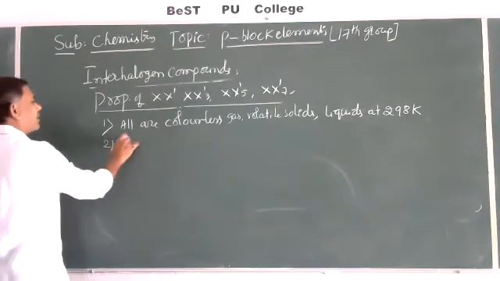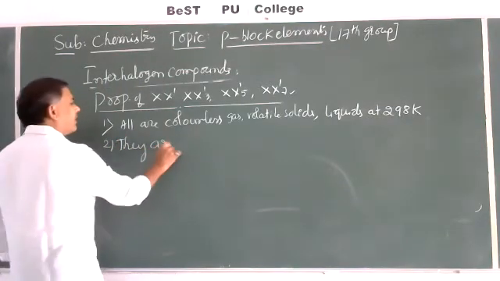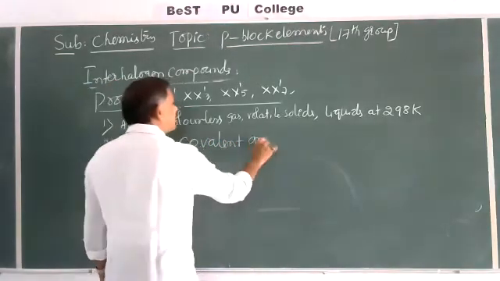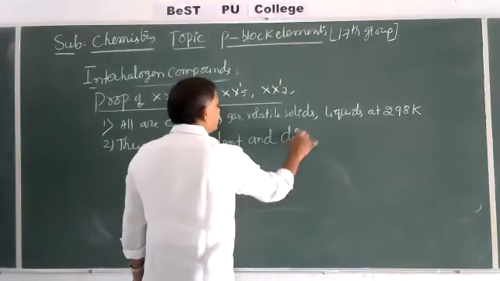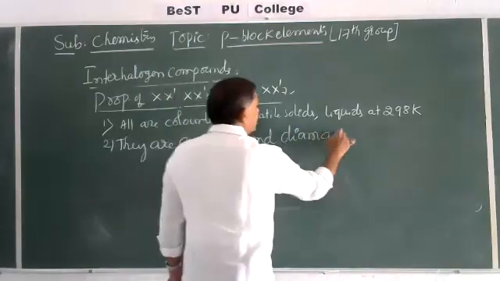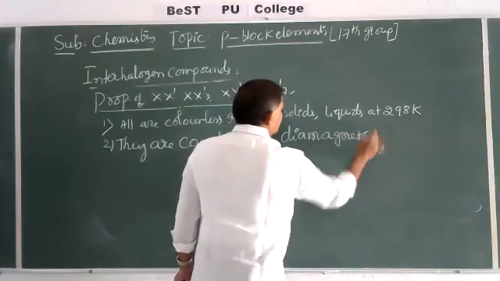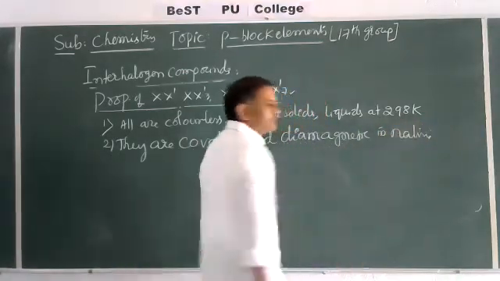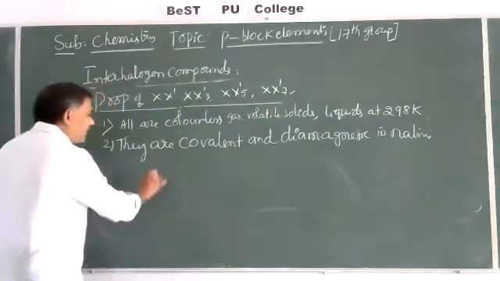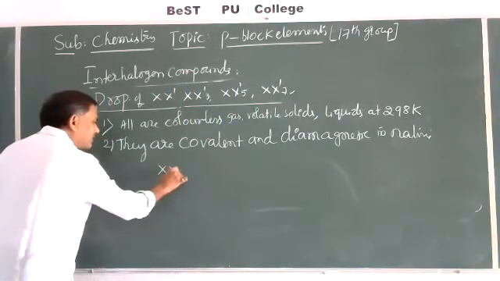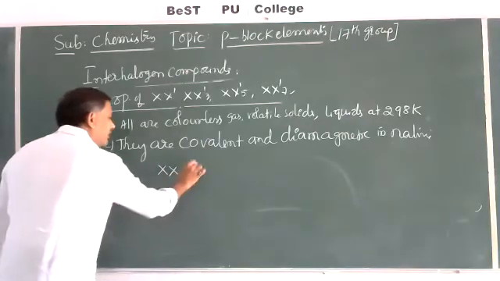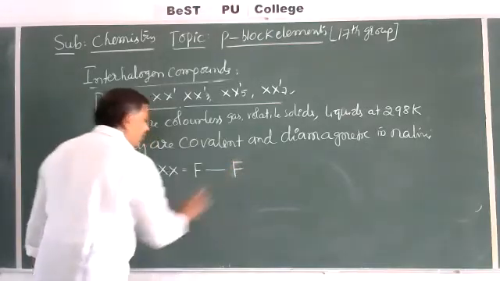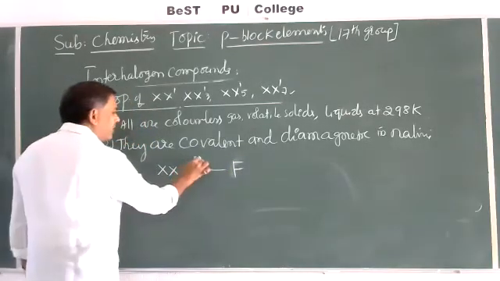Generally, they are covalent and diamagnetic in nature. So the covalent means, like X is there, halogens. Like fluorine is there. Fluorine and fluorine. Fluorine contains 7 valence electrons.